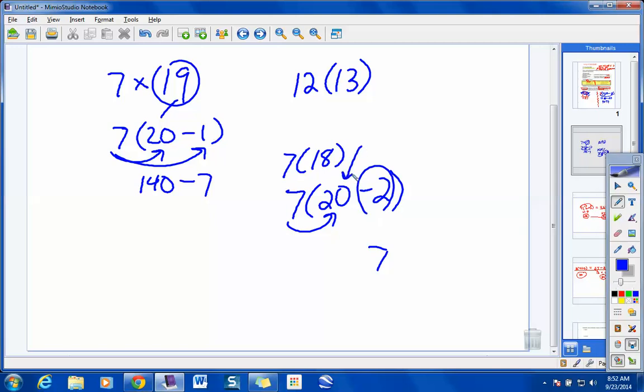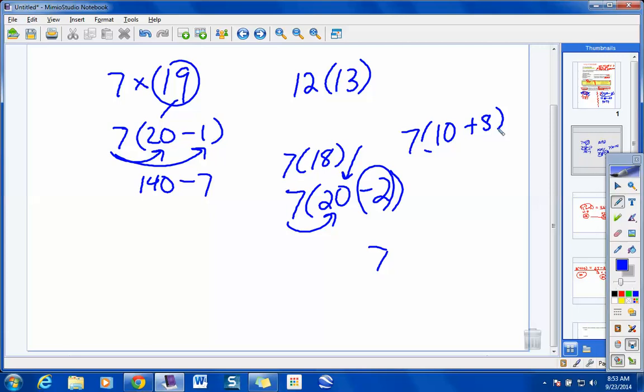Maybe another way to think of 7 times 18 would be this. Could I go 7 times 10? What would you have to do to the 10 to get back up to 18? Add a what? 10 plus what is 18? 8, right? Isn't this what he's saying, 7 times 18 also right here? It is, isn't it?